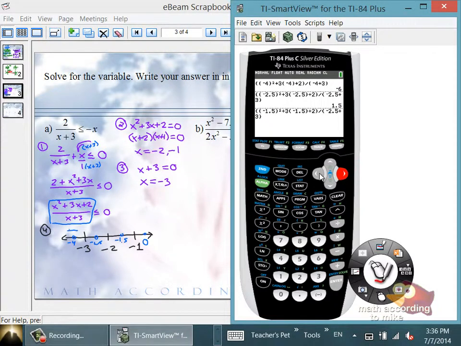Again, don't assume that the signs are going to alternate. Please check them. And 0.